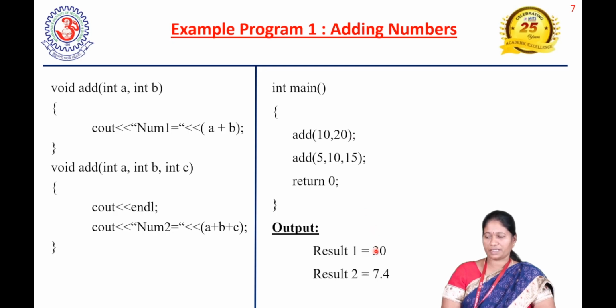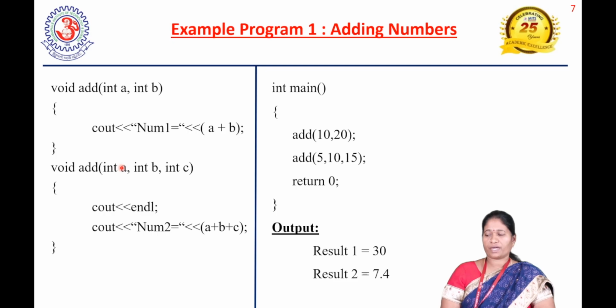Look at the next function, the same function but with a different number of arguments: 5, 10, 15. So the compiler recognizes, is there any three-argument function with the same name, add? Yes, of course it will be there. So it will catch whatever values we pass and assign them equivalently.